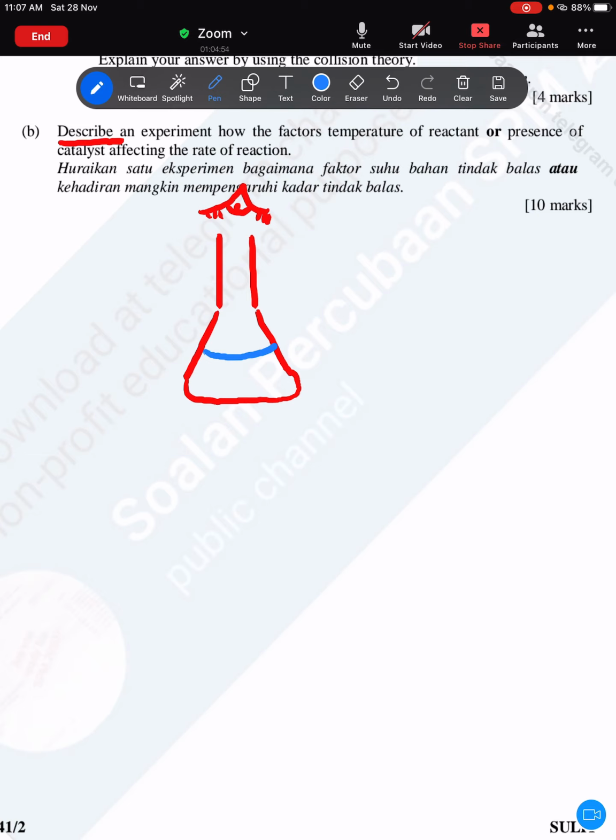Okay? Lukis conical flask pun nanti jadi pelik. Okay, in this case, my dear students, what are you going to do? You have a piece of paper, put it over here, and the X mark. So, what are the substances you are going to add?